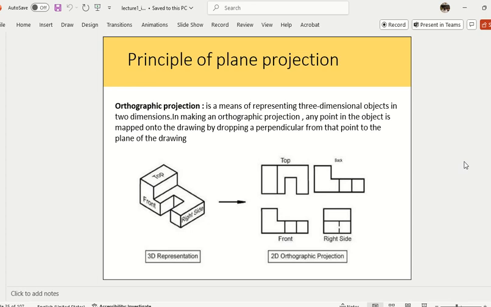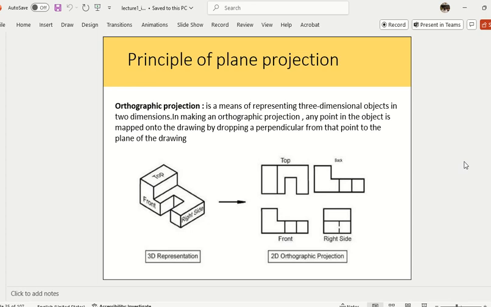We already started, I'll go back to the discussion of the lines. So you have this object. If you look at this object from the top, you will see this box and this C shape, right? So the top view: the box and then the C shape.